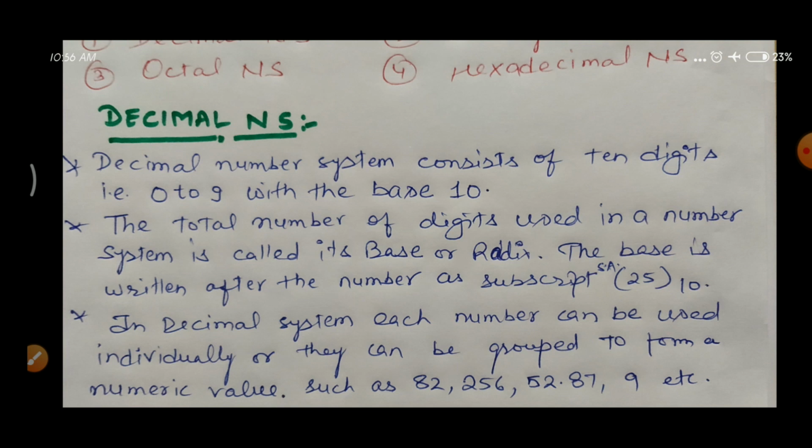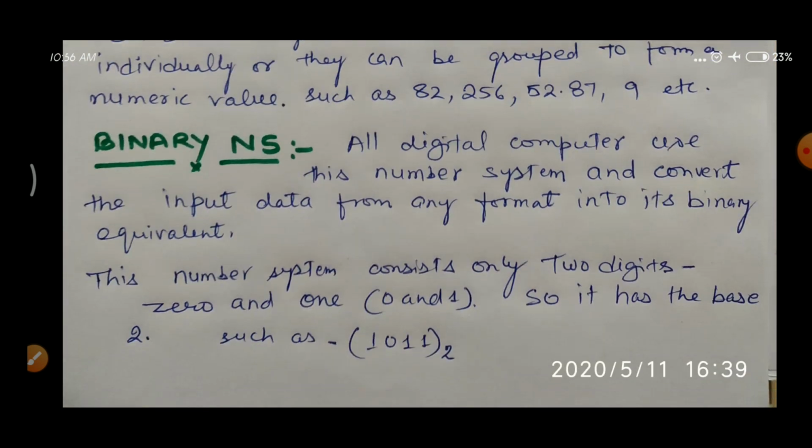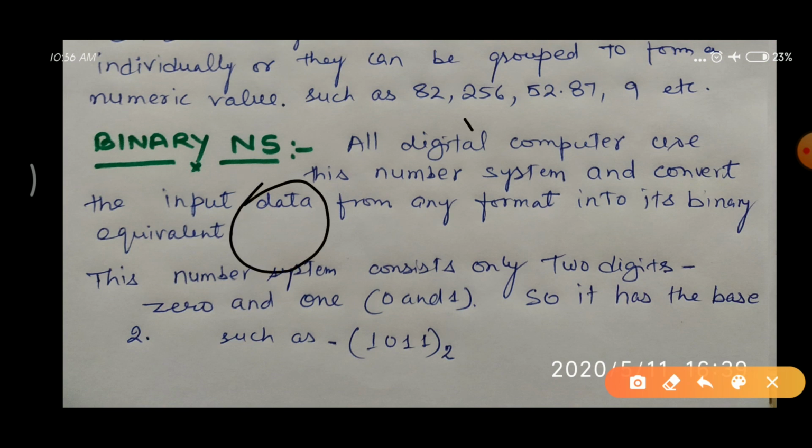Okay, the next one is the binary number system. So what is the binary number system? This number system consists of only two digits, 0 and 1.